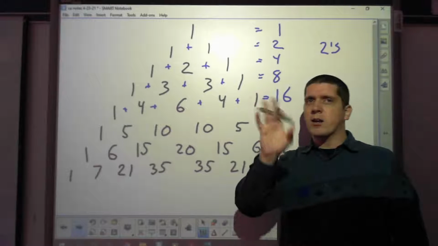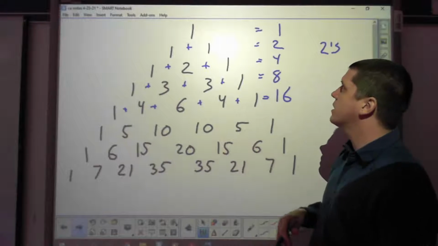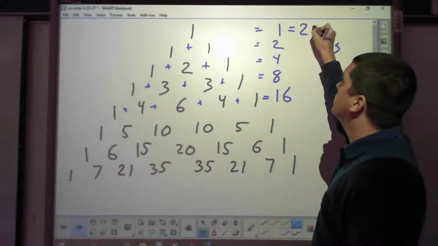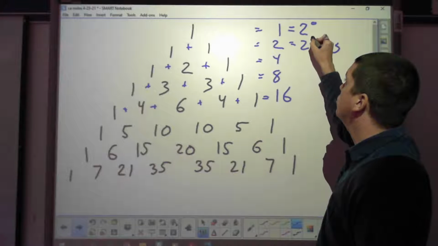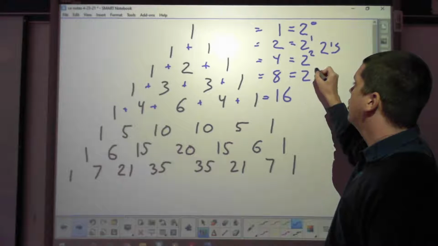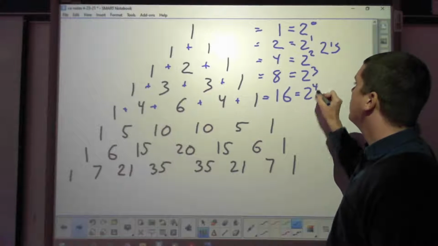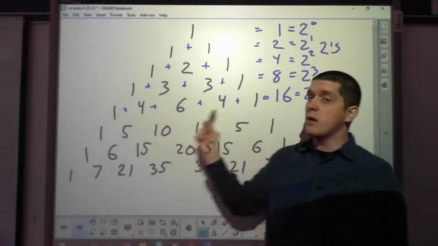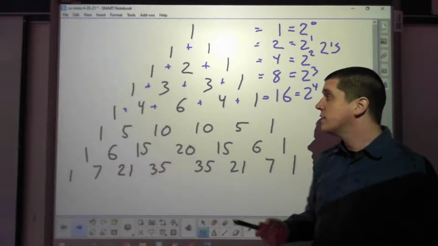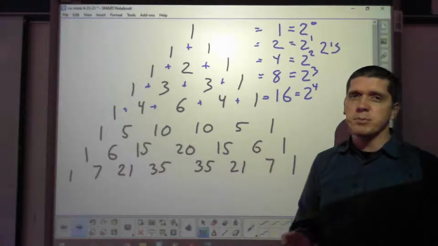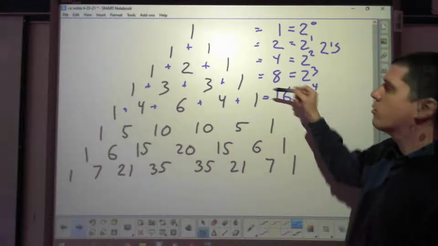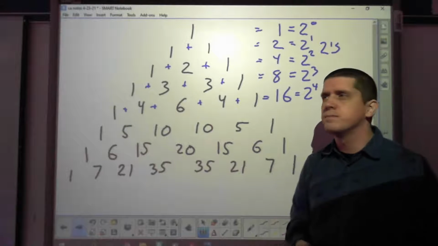Now, there are mathematical reasons for why these numbers end up being the way that they are, but what really is interesting is this is simply 2 to the 0 power. This is 2 to the first power. This is 2 to the second power. This is 2 to the third power. This is 2 to the fourth power. So the sum of the numbers in a row of Pascal's triangle is simply 2 to the row number power.